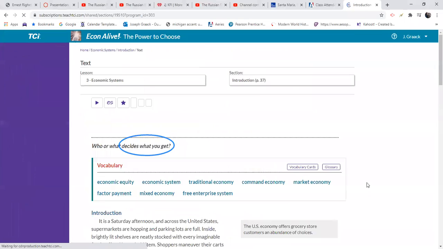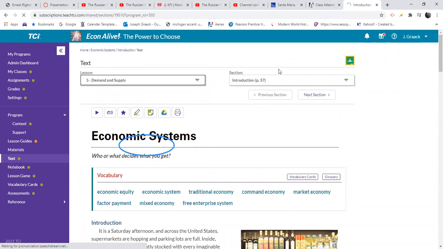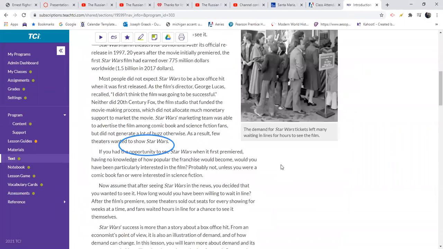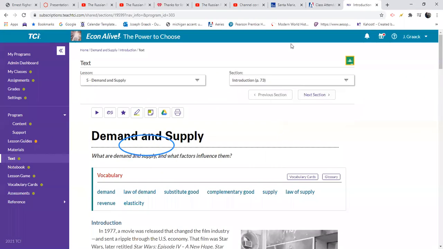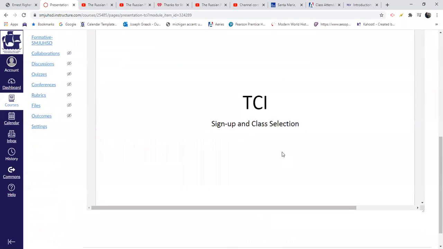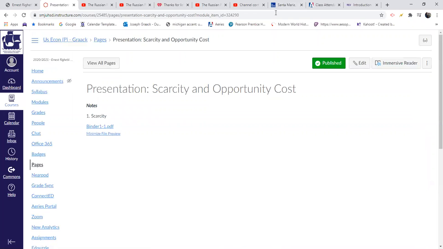So you can click on this. You can go to any of the areas that you want. Let's say you want to do supply and demand, and just look up and see what it has. There's text there for you to review any of those options. So if you need any help in accessing that, just let me know. But that's the first thing that we covered yesterday to make sure you had access.